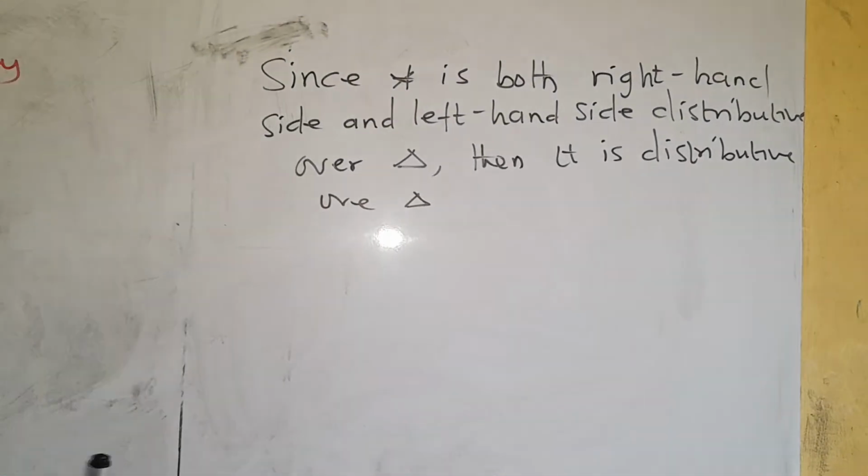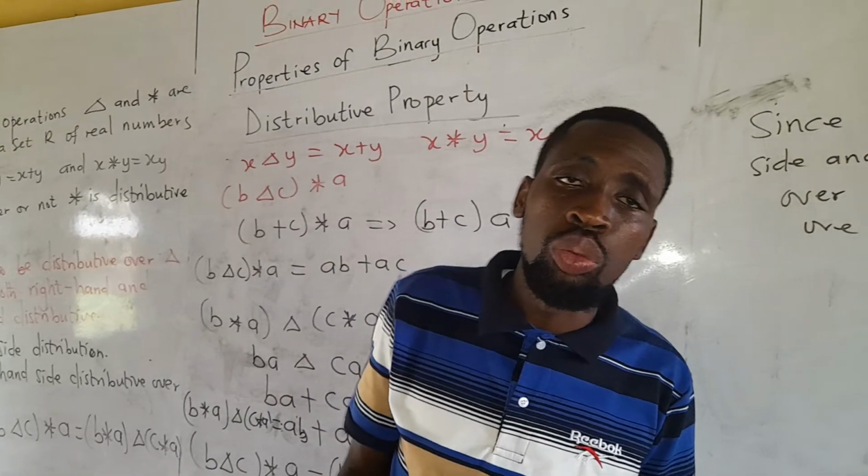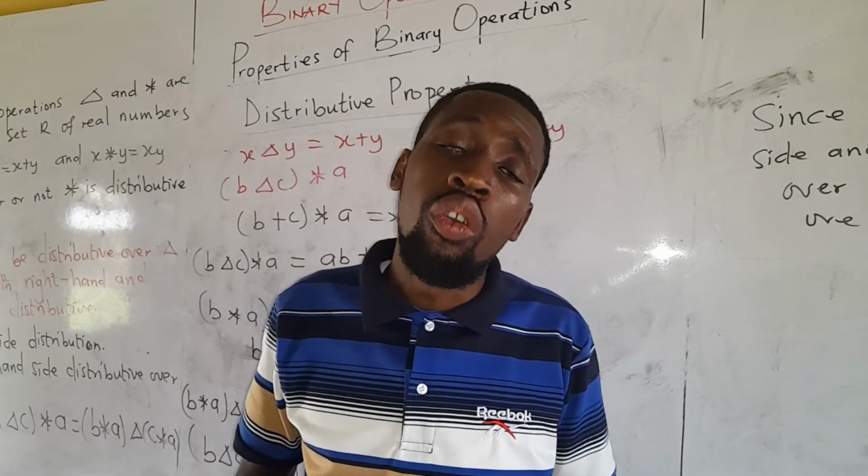So like we said, if it is only right hand side and not left hand side distributive, then it is not distributive over delta.